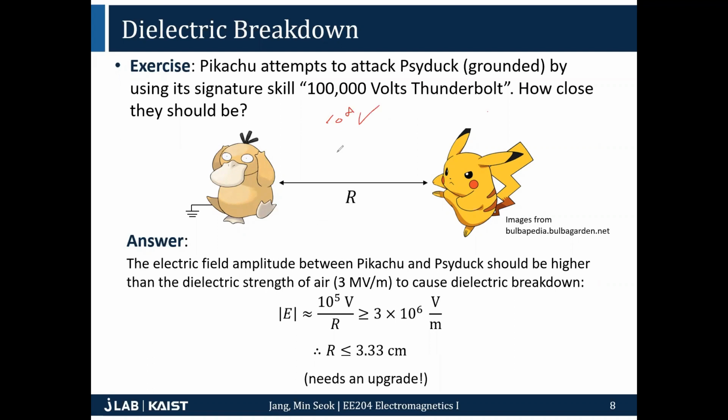It's 10 to the 8 or 10 to the 7, I guess 10 to the 7. Anyway, 100,000 volts or 1000 volts, I forgot which name it was. But if you do an upgrade, then your range becomes reasonable, like a few meters or a few tens of meters. Okay, and it becomes a real range attack.